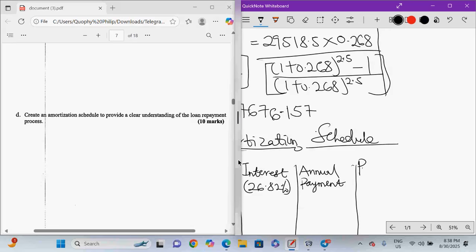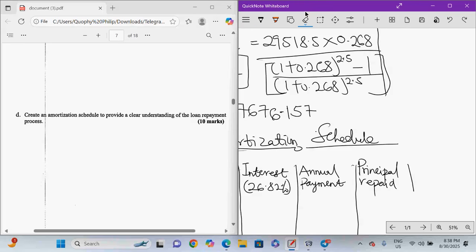Then we have the principal repaid, then the closing balance.